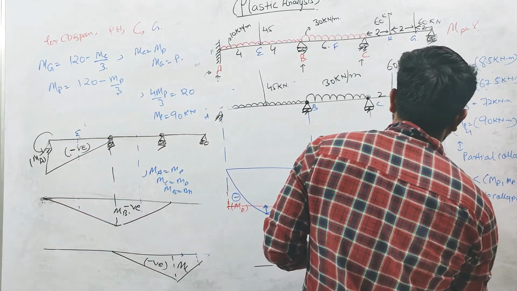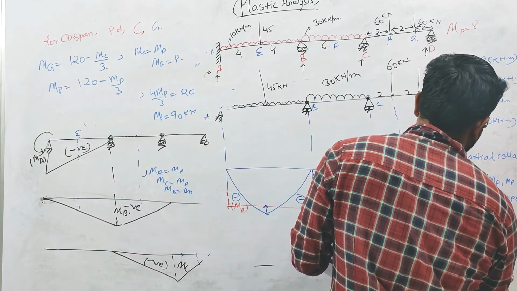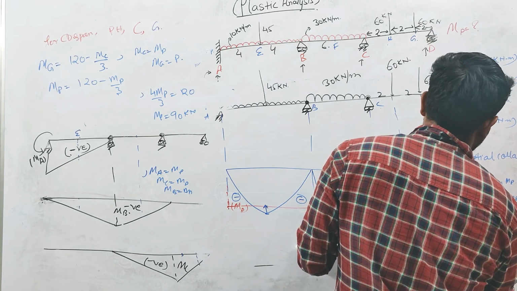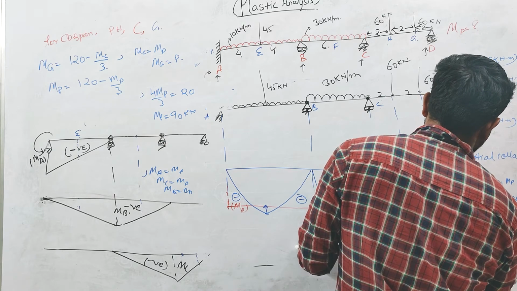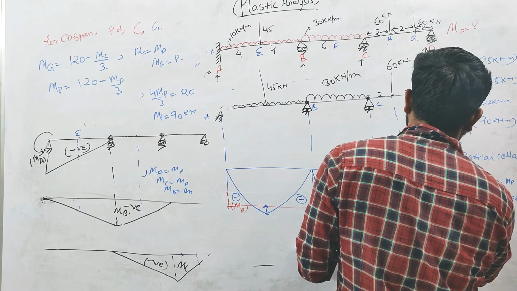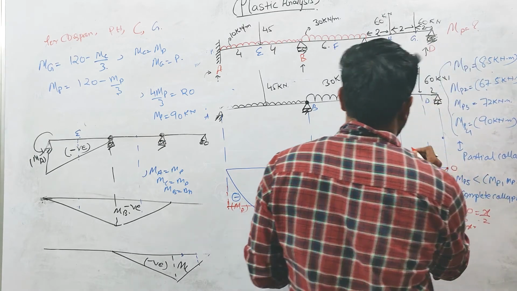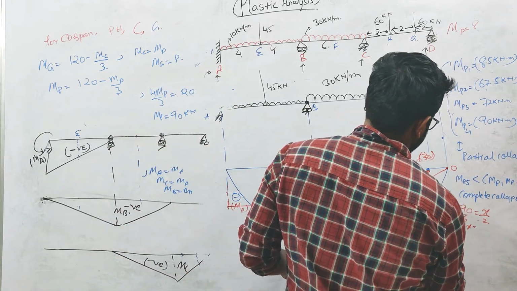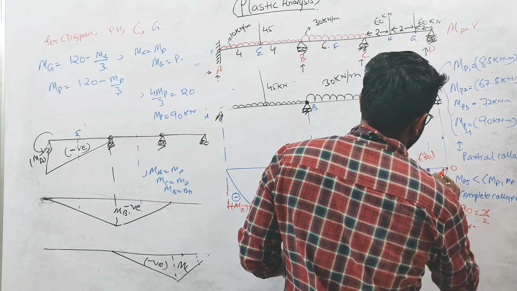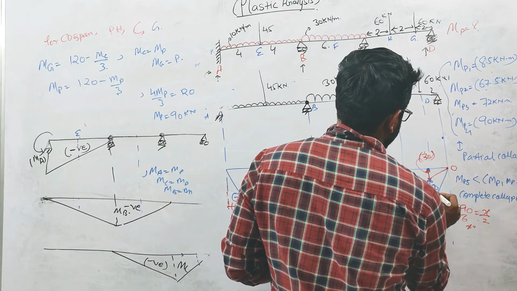If you calculate 90 by 6 equals x divided by 2, this will be 30. So this is 30. And this value is 90, because the complete value is 120, so 120 minus 30 is 90.